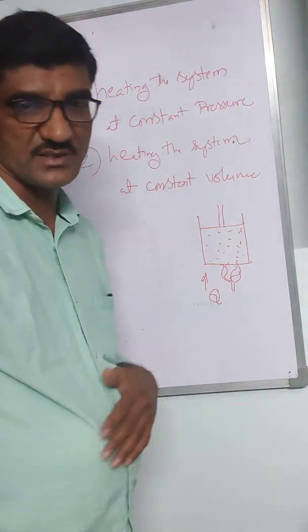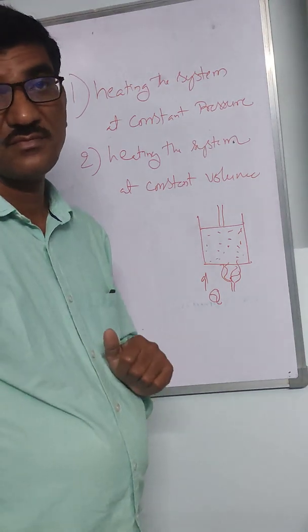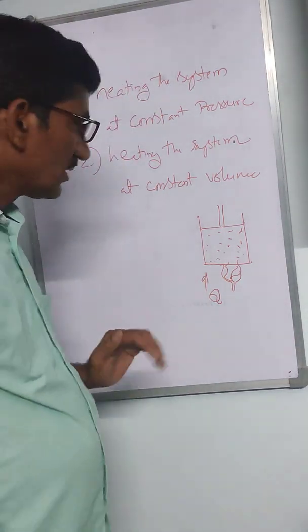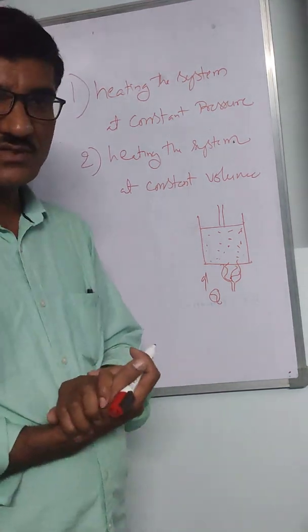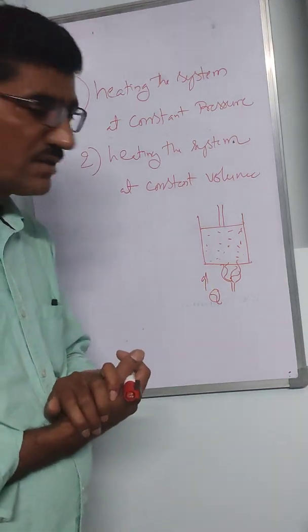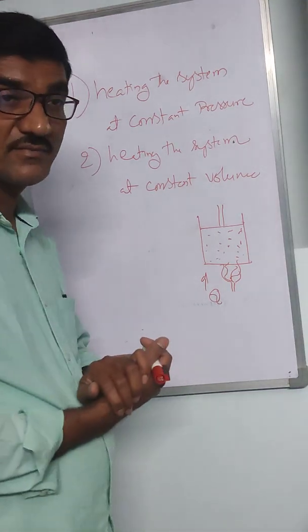Then what happens to the system? According to the first law of thermodynamics, two things may happen. The system may utilize the given heat.